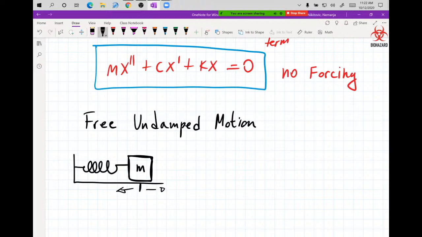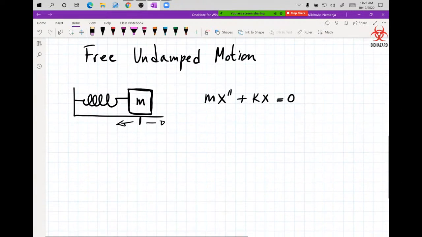In this case, no dash pot, which means no cx' term. The only equation we are looking at is mx'' plus kx equals 0. So again, no forcing, and the cx' term is missing because there is no dash pot. We'll see later on that the dash pot is the one that slows it down.